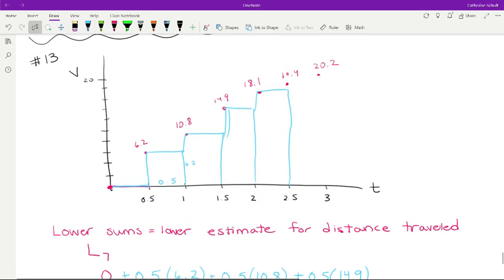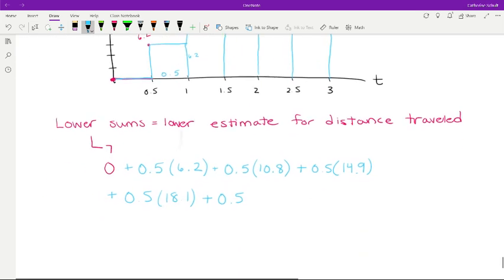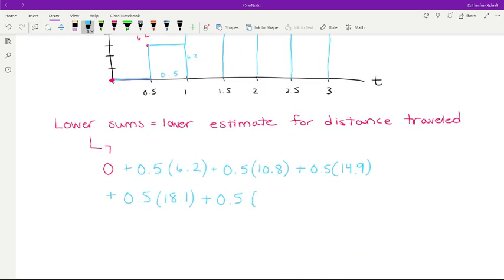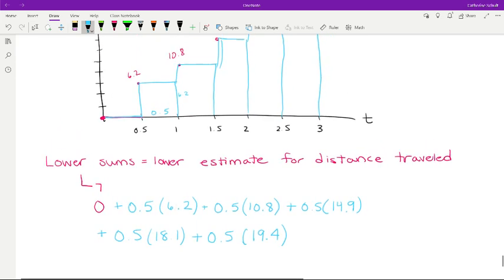And then our last one is going to use 19.4. If you multiply that out and add it up, that's going to be your estimate for the distance traveled.